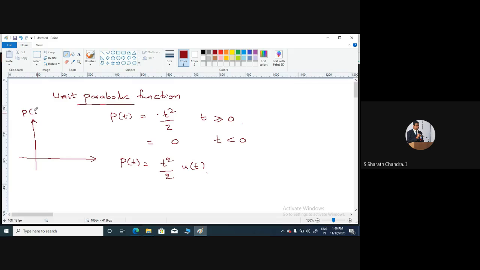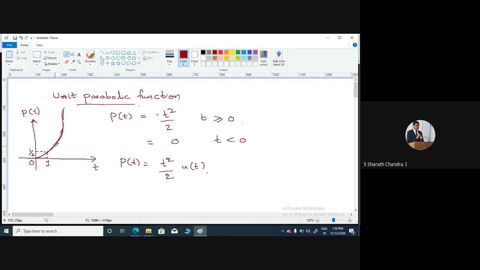p of t on the y-axis and t is your time axis, the horizontal axis. You could see the shape of your p of t, that is a unit parabolic function, will be something like this. For t greater than 0, you could see this as a parabolic function. At 1 the amplitude is equal to 1 by 2.